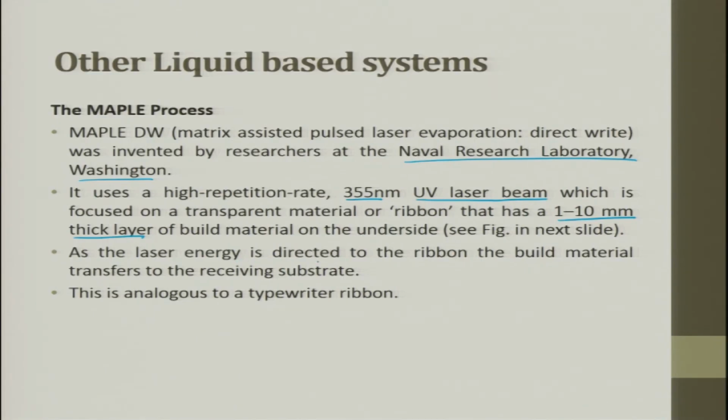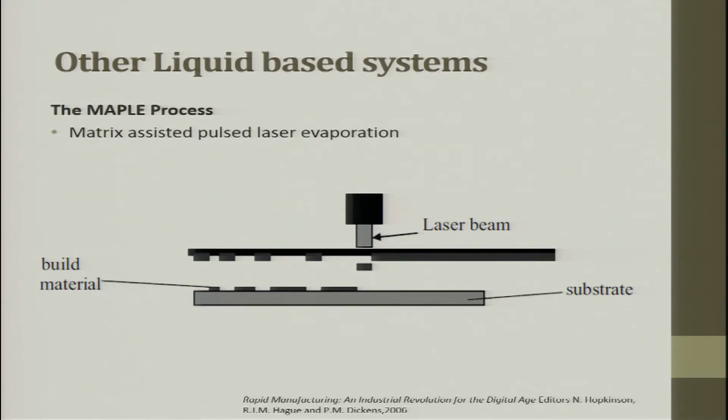As the laser energy is directed to the ribbon, the build material transfers to the receiving substrate. This is the analogy of a typewriter ribbon. You will have a ribbon which keeps going, and the ribbon carries the final material to be deposited.